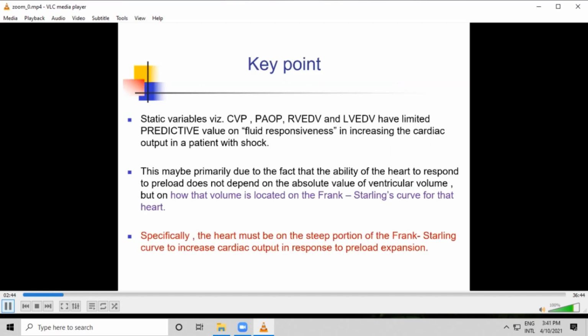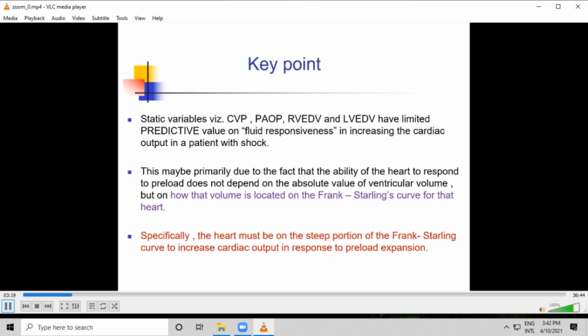The static variables like the central venous pressure, pulmonary artery occlusion pressure, right ventricular end-diastolic volume and left ventricular end-diastolic volume all have limited predictive value on fluid responsiveness in increasing the cardiac output in a patient with shock. This may primarily be due to the fact that the ability of the heart to respond to preload does not depend on the absolute value of ventricular volume, or on how that volume is located on the Frank-Starling curve for that heart.